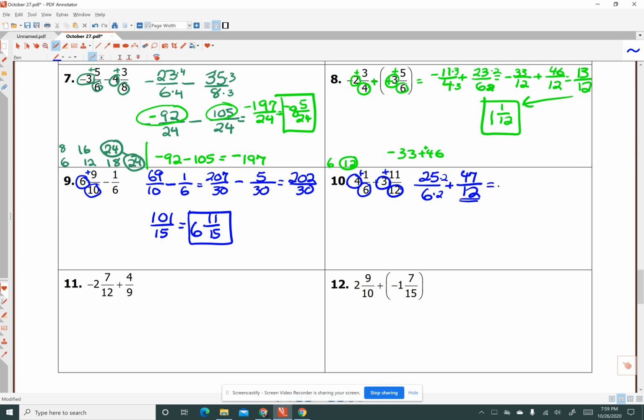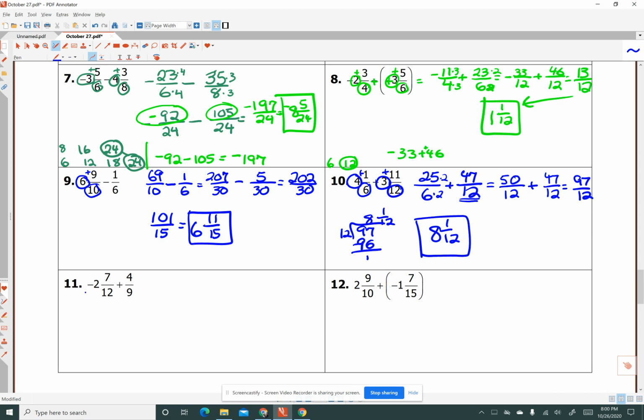So 6 times 2 is 12, 25 times 2 is 50, plus 47 twelfths equals 97 twelfths. And we will divide 97 divided by 12 is 8 and 1/12. So 8 and 1/12 is our final answer.